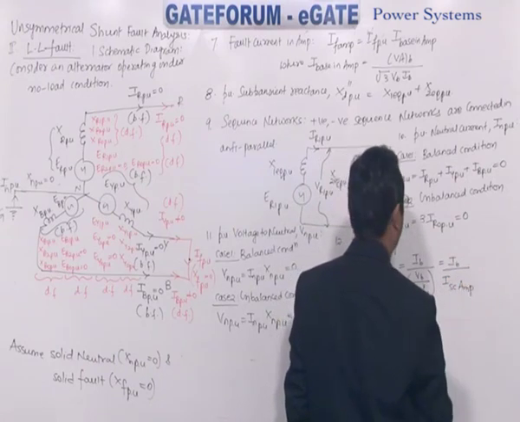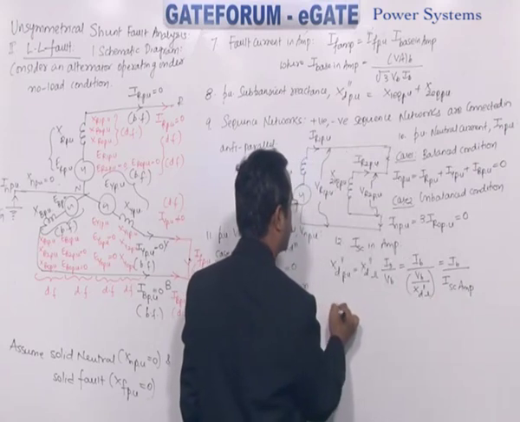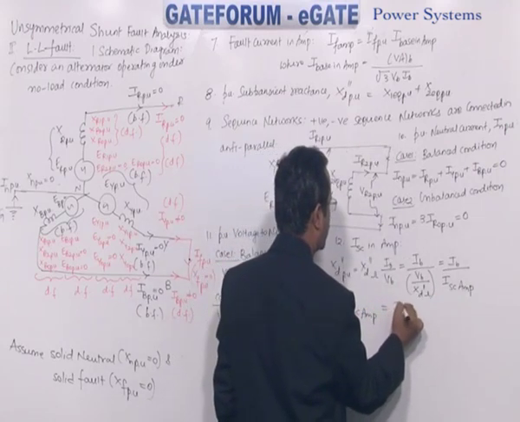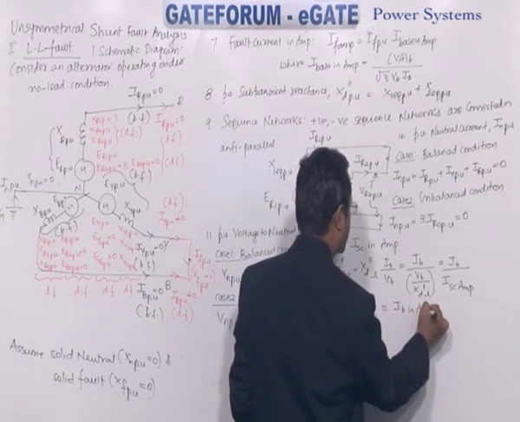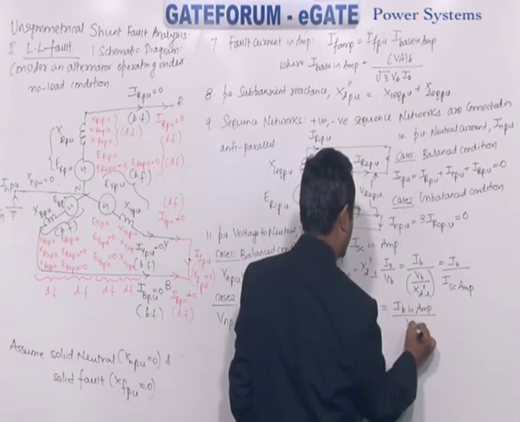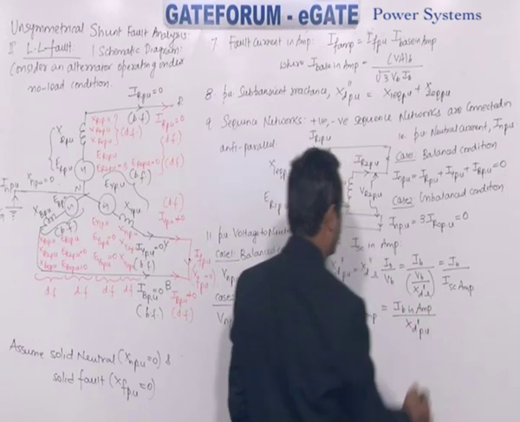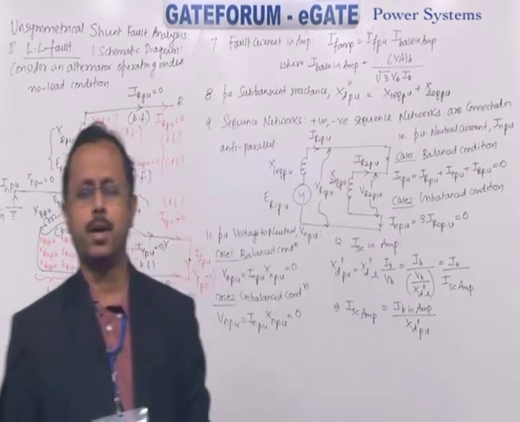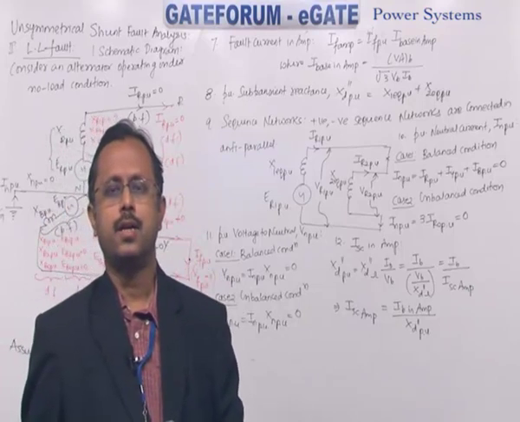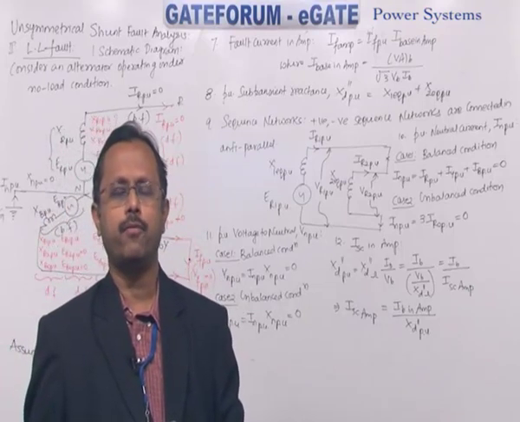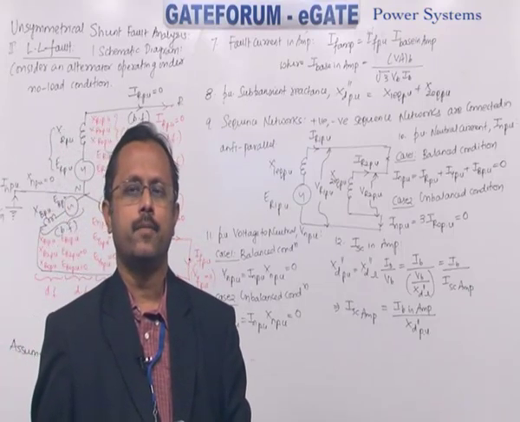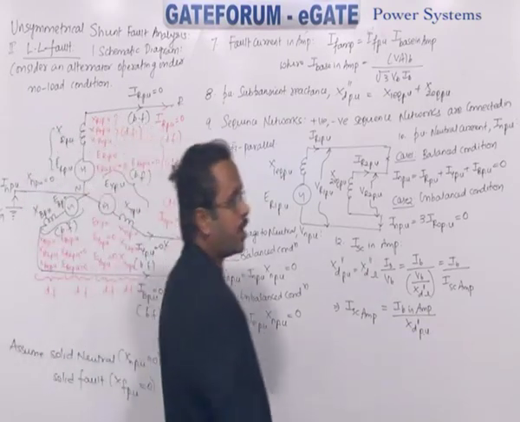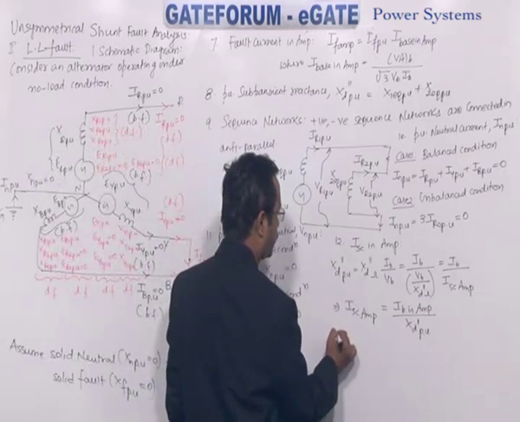Short circuit current in amperes. So from this, how to write the short circuit current in amperes? It is the base current in amperes divided by XD double dash per unit. Same formula, only the value of XD double dash changes, and it depends on the type of fault.